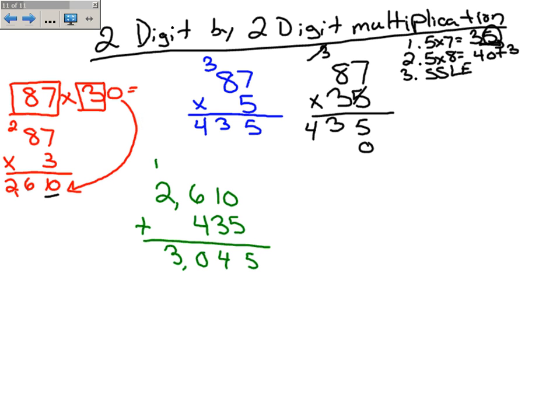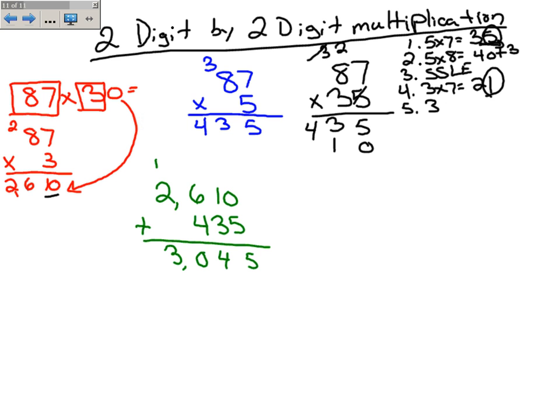And so now we're going to multiply, just like we did over here in the red, 87 times 3 with a 0 at the end. So 3 times 7 equals 21. Write my 1, carry my 2.